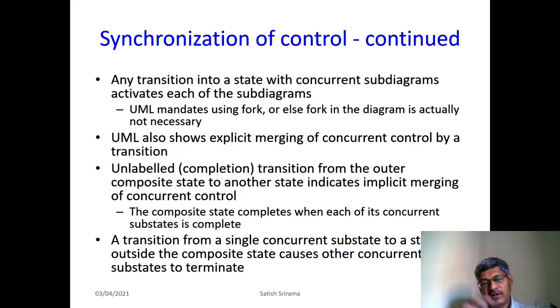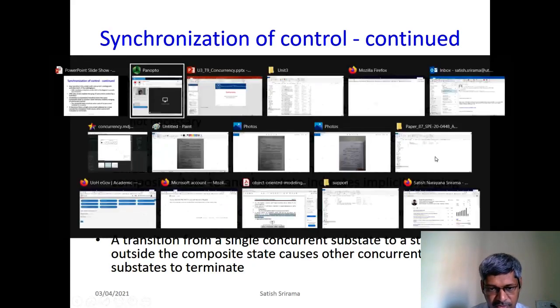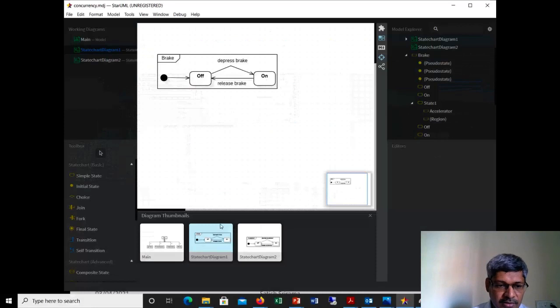The fork also needs merging from the UML side. UML also shows explicit merging of concurrent control by a transition. If you are curious about merging, I can show you in our StarUML. The way we have this is, there is a fork, and we have merging with this join.